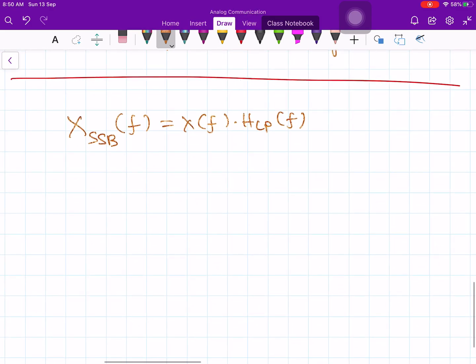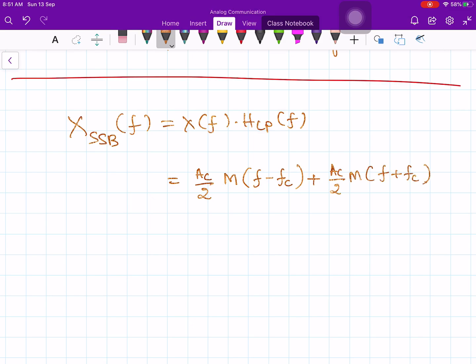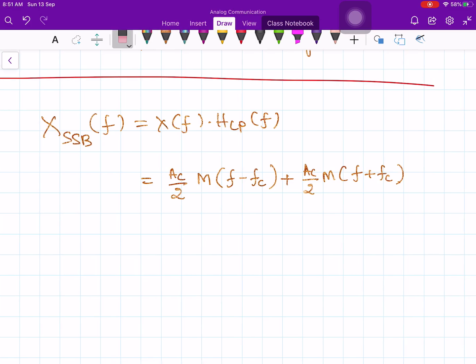What is X of f? X of f is Ac by 2 M of f minus fc plus Ac by 2 M of f plus fc. Or you put the advanced component first and the delayed component next.